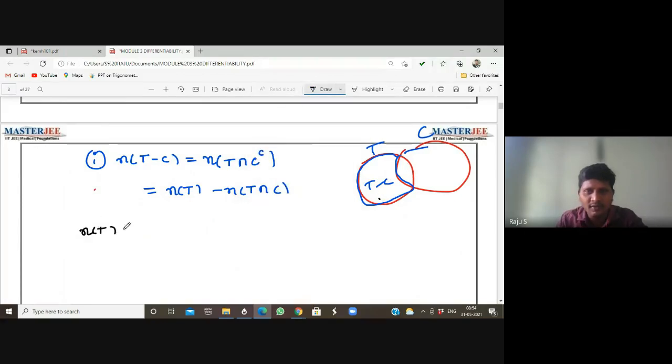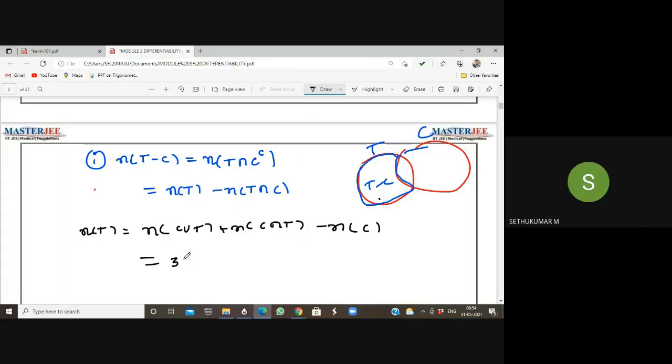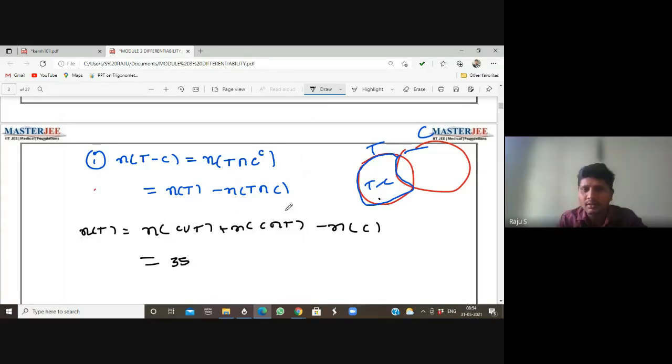What is the n of T formula? n of C union T plus n of C intersection T minus n of C. Am I right? What is the answer after substituting the values? 35. Yes, sir.